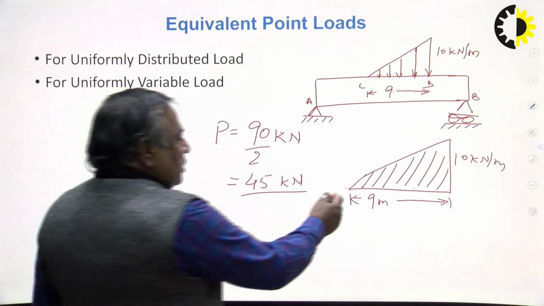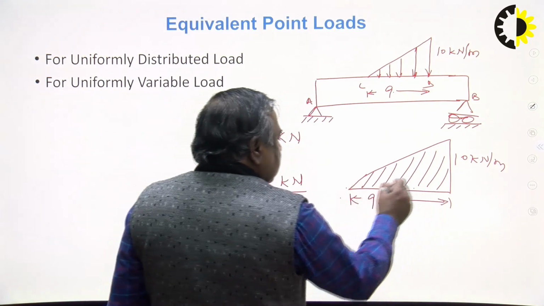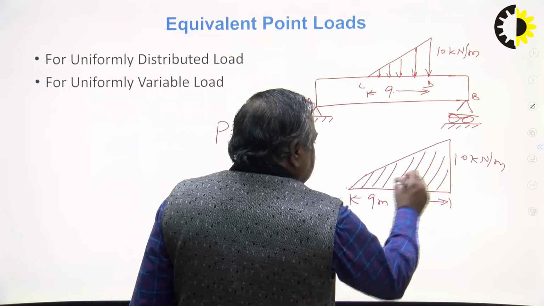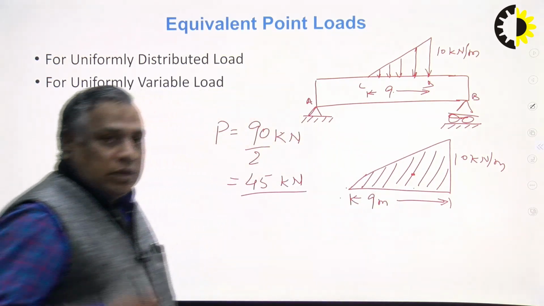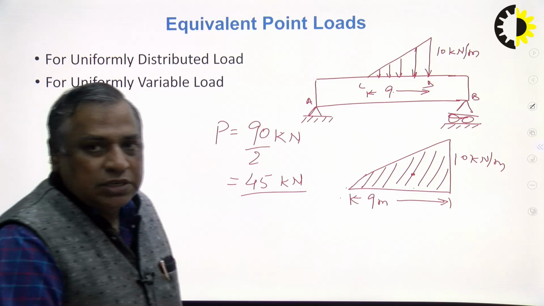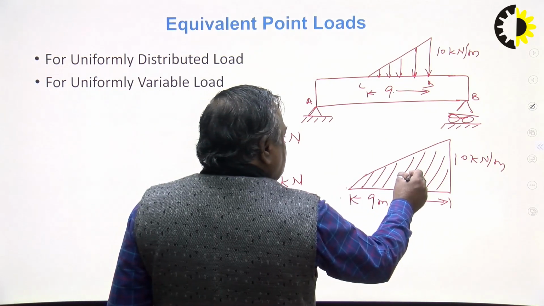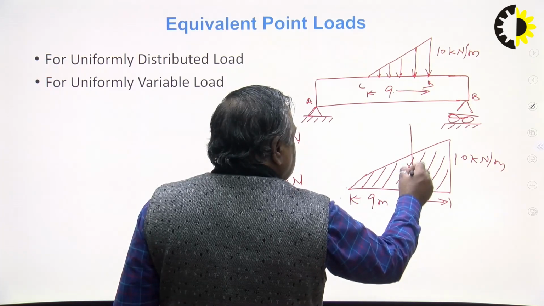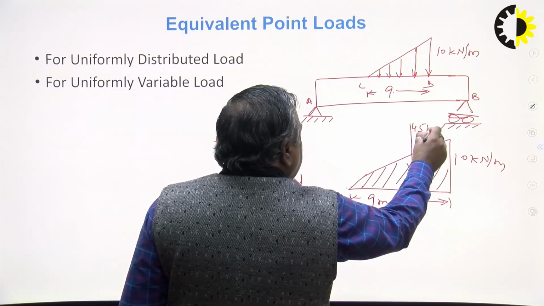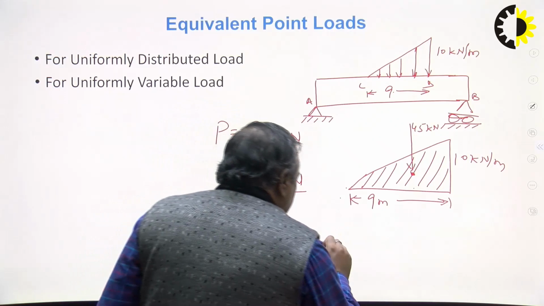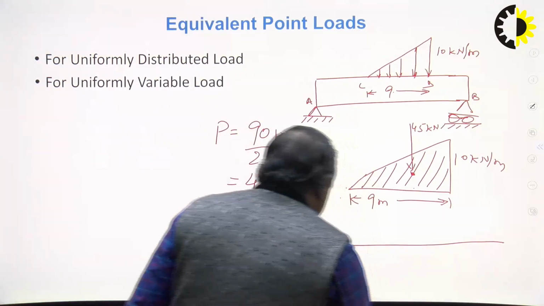So if this is 9, then it will be at 6 from C rightward and 3 meter from D leftward. This is the centroid, so this 45 kilonewton will pass through it. So you can draw the free body diagram here.